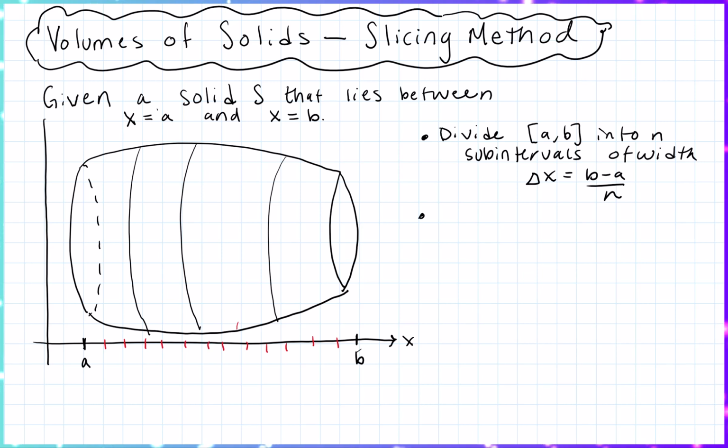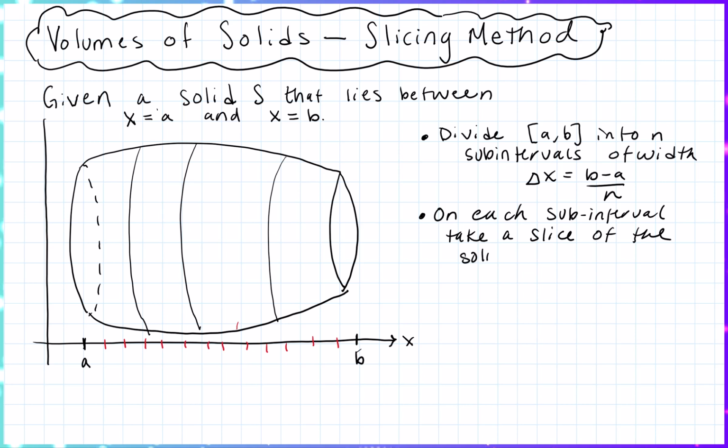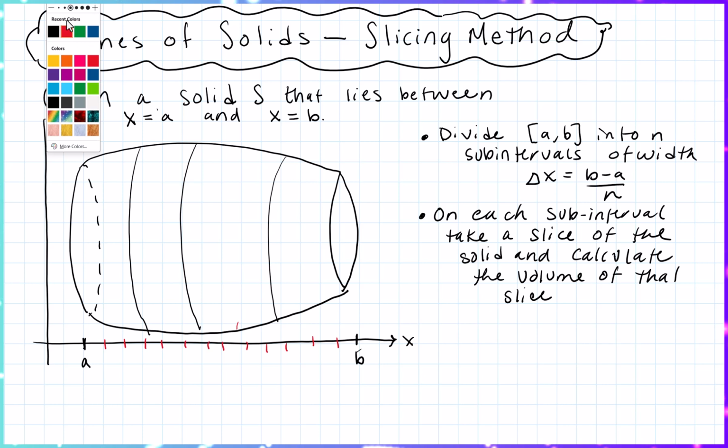And then on each subinterval, we're going to take a slice of the solid and calculate the volume of that slice, I should say. It is its own little mini solid, but it is a slice of the larger solid we're looking at.